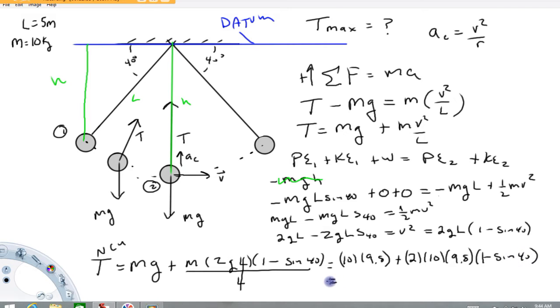Equals. And let's see what we get out of that. Hopefully I did this right. I got 105 newtons out of this.